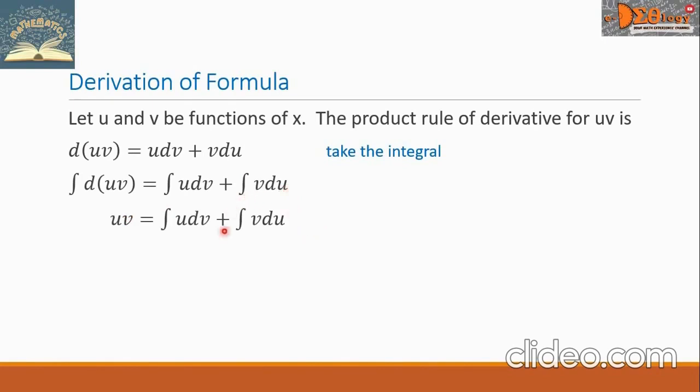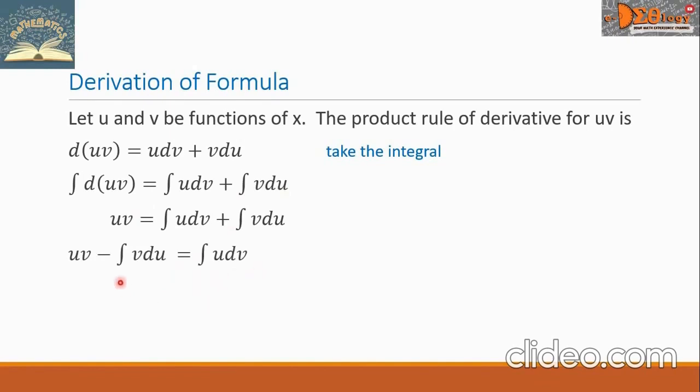Now, this integral of v du we're going to transpose on the left side. This plus sign becomes minus. So we have now uv minus the integral of v du equals integral of u dv.